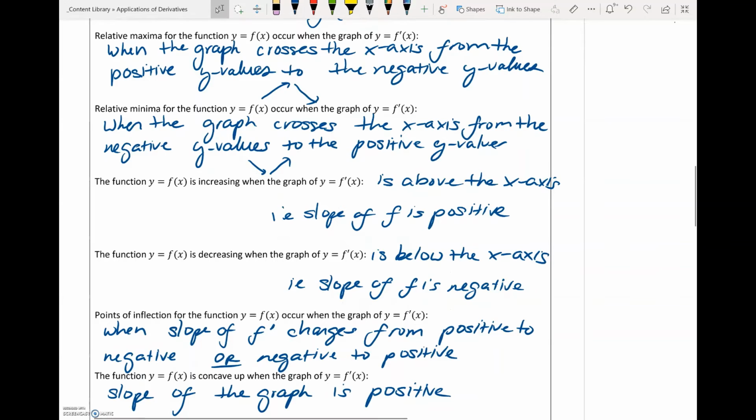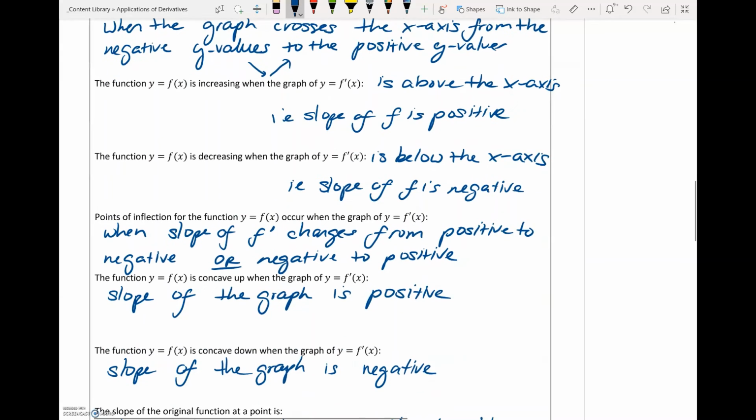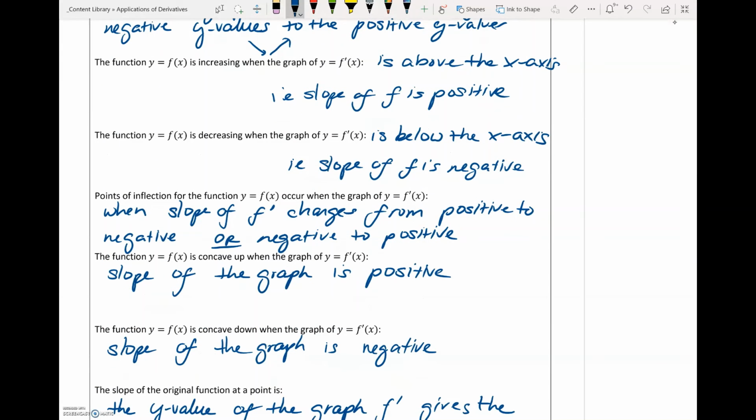So that means f is increasing. Now f is decreasing when the slope of f is negative, and this happens when f prime of x, all those y values, are below the x-axis. Your points of inflection occur when the slope of f prime changes from positive to negative, or from negative to positive.